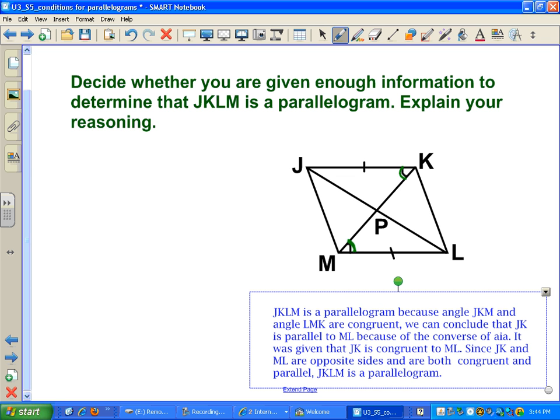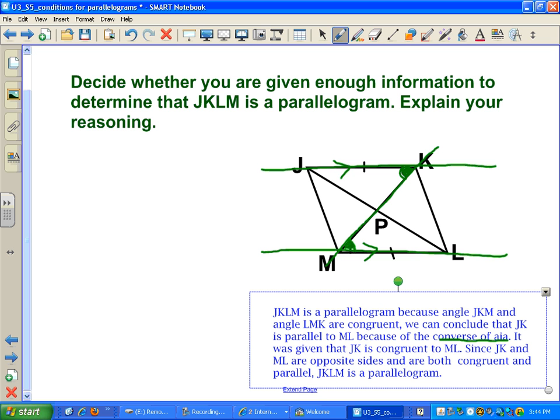So here's my hint. Anytime you're given that angles are congruent, extend out the lines that make up the angle, and there's my transversal. So since this angle is congruent to this angle, I know that this has to be parallel to ML because of the converse of alternate interior angles.